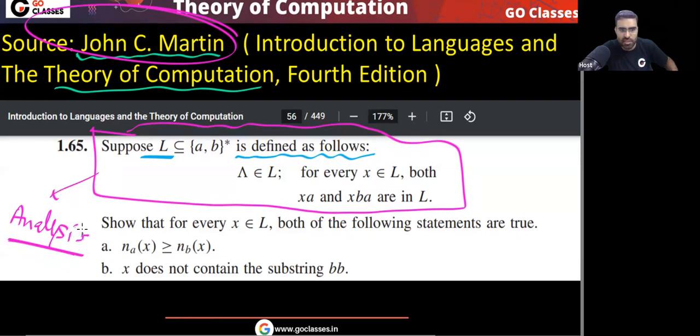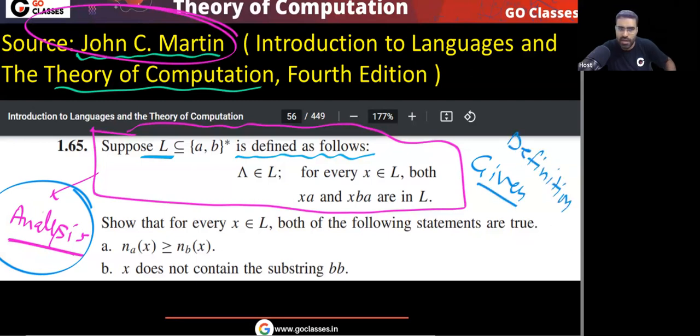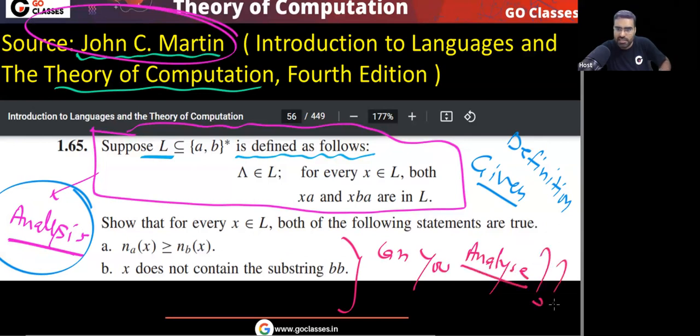Some definition is already given to you, and the question is asking, can you analyze the given definition, the given data? So this type of question is very nice. Always something will be given to you, and using that you need to analyze some options.